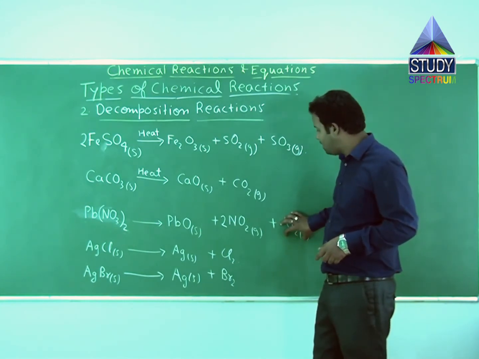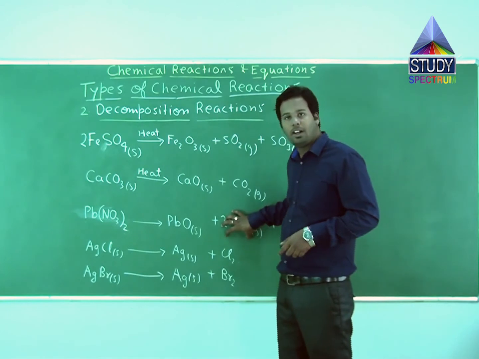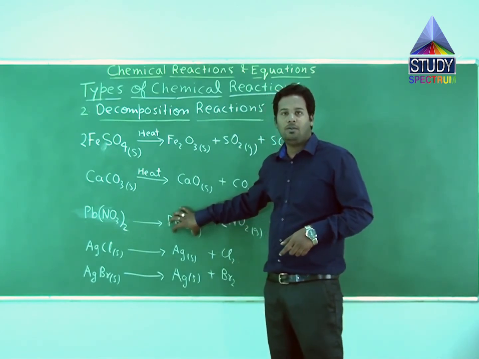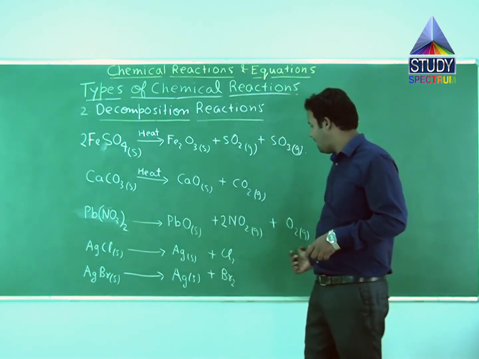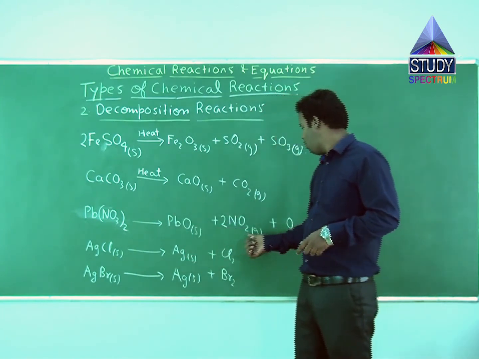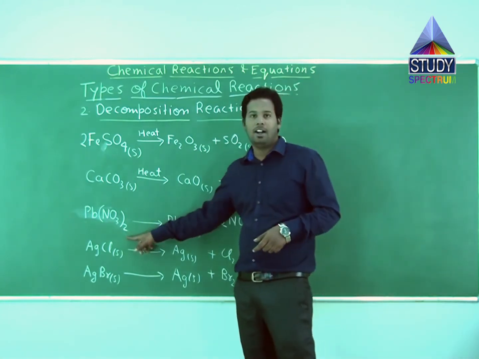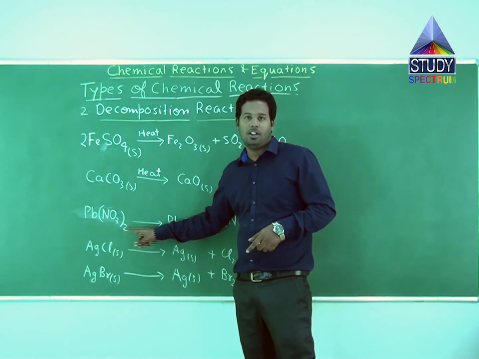So the third product contains 2 oxygen atoms, the second product contains 4 oxygen atoms, and the first product contains 1 oxygen atom. It means the right hand side contains 1 plus 4 plus 2, that is 7 oxygen atoms, whereas the left hand side contains 6 oxygen atoms.